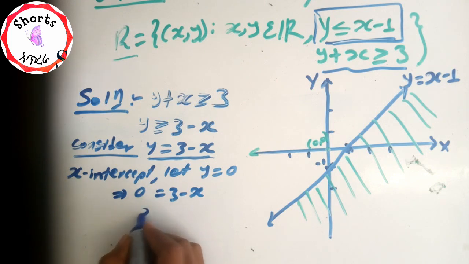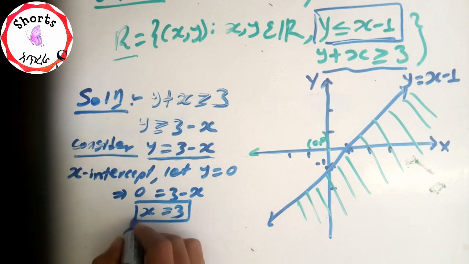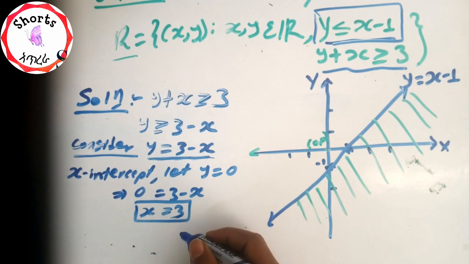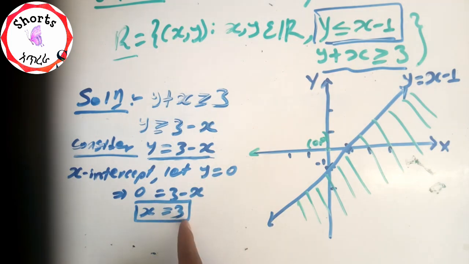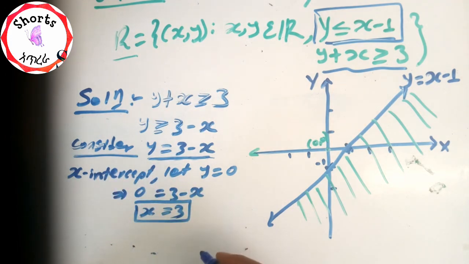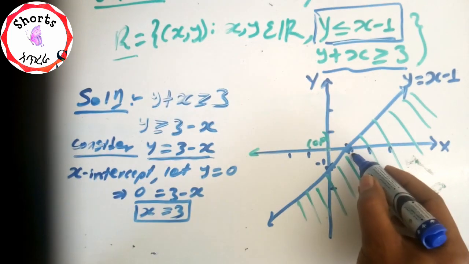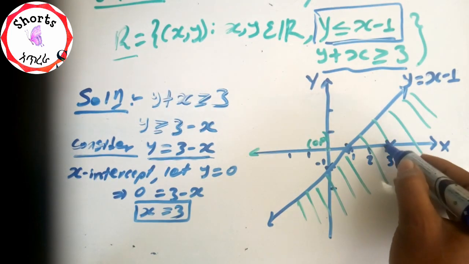Solving this, we get x is equal to 3. This tells where the graph y is equal to 3 minus x touches the x-axis. That number is 3. At x is equal to 3 the graph touches the x-axis: 1, 2, 3.